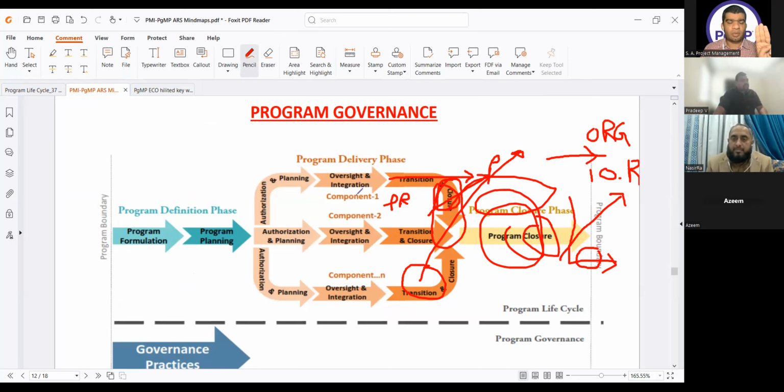When you are closing the component, it will be transitioned to the program level. Once your program is closed, then these 3 will be transitioned to the organization level documents. End of story. Clear?